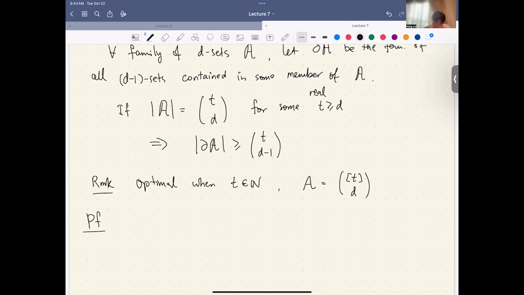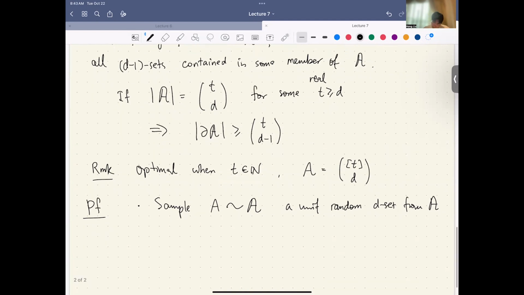So we sample a uniform random D set from A. Then we're going to pick a random ordering of the elements in A. Let x1, x2 to xd be a uniform random ordering of elements in A.